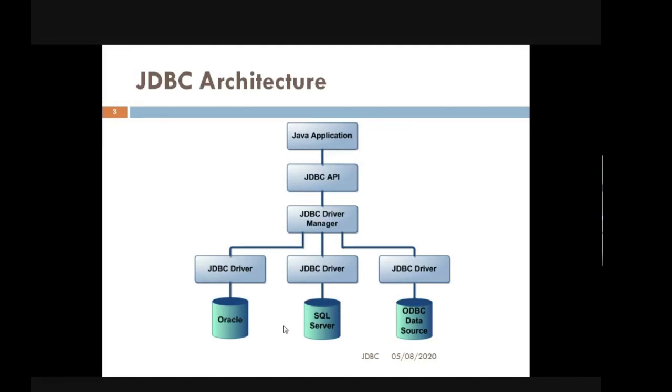For each type of database there are concerned JDBC drivers, through which it will be executing the queries. So from the Java application, the JDBC API will search for the concerned database drivers for the respective databases.